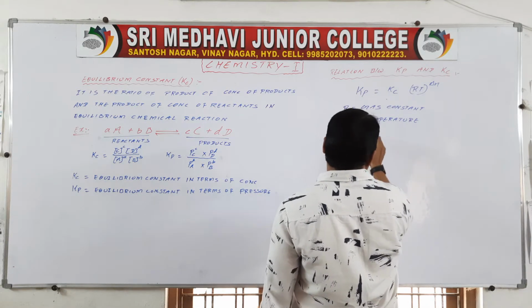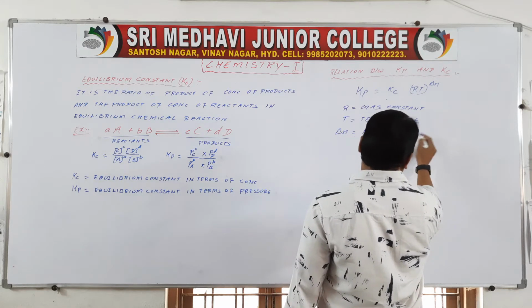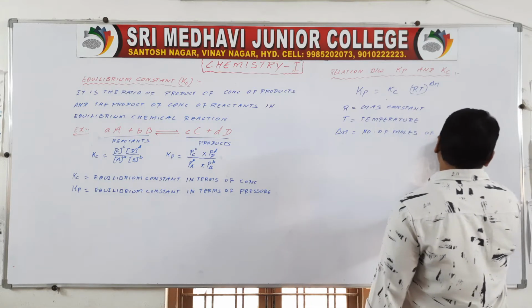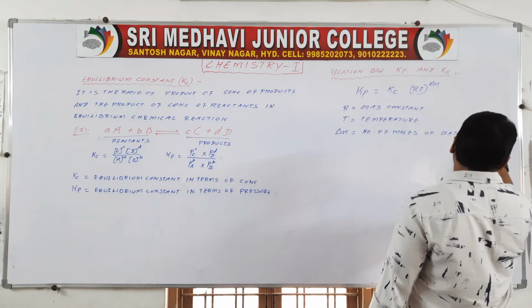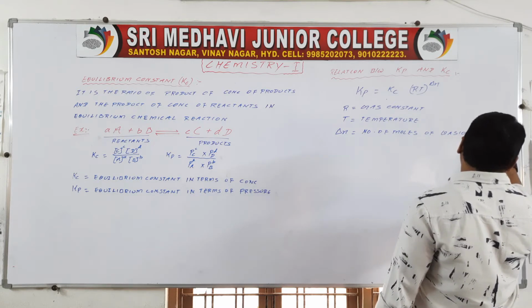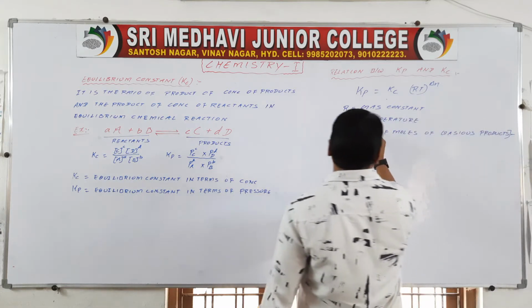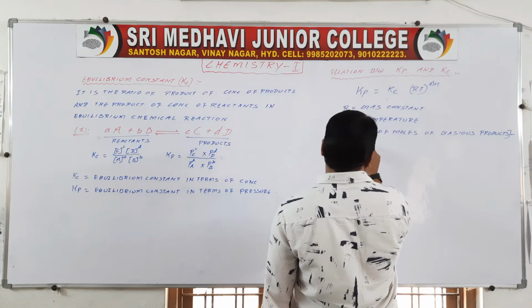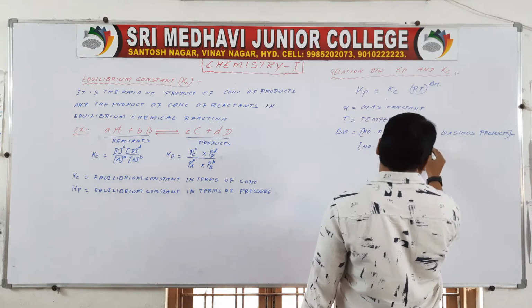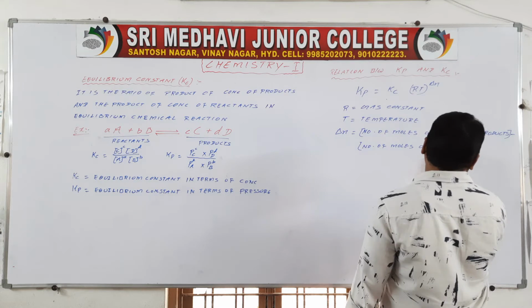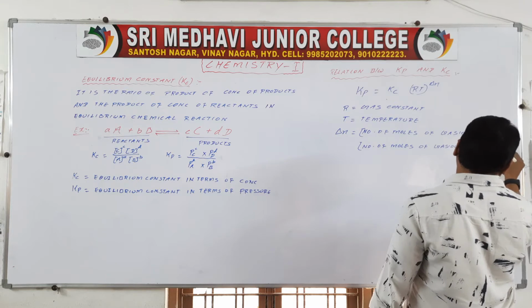Delta n equals the number of moles of gaseous products minus the number of moles of gaseous reactants.